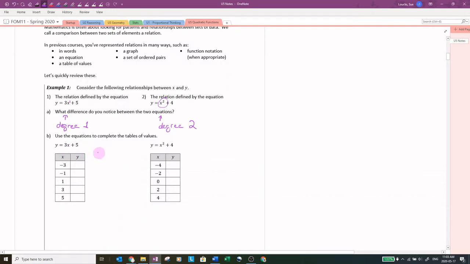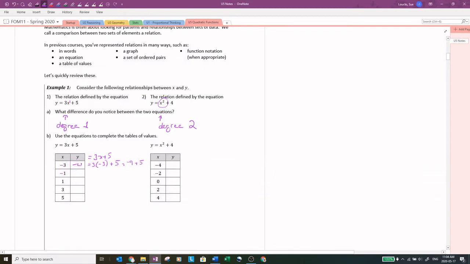So I like to write over here y equals 3x plus 5. And then what we want to put in this space here is what does y equal if x equals negative 3? So I do the calculation over here. This is 3 times negative 3 plus 5. So 3 times negative 3 is negative 9 plus 5, which is negative 4.